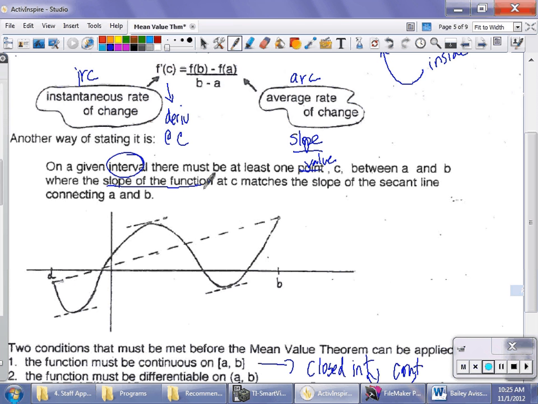So the slope of the function, that would be the slope of the tangent, which is your instant rate of change, your derivative, matches the slope of the secant line. And remember, the slope of the secant line is the average rate of change. The secant line connects the two endpoints. If you don't remember what a secant line is, it connects the two endpoints.